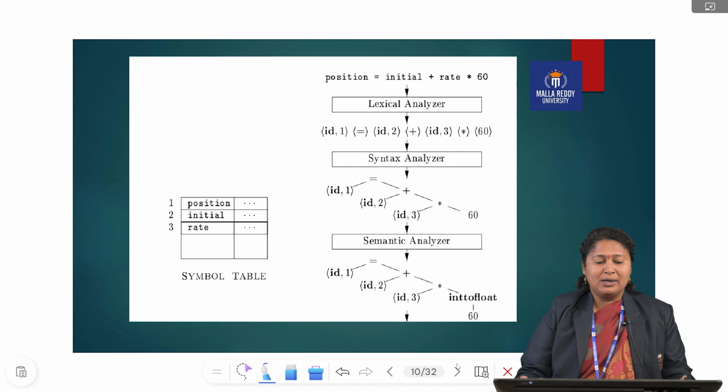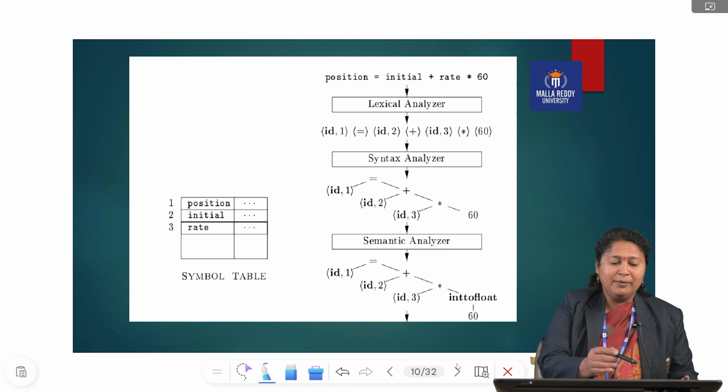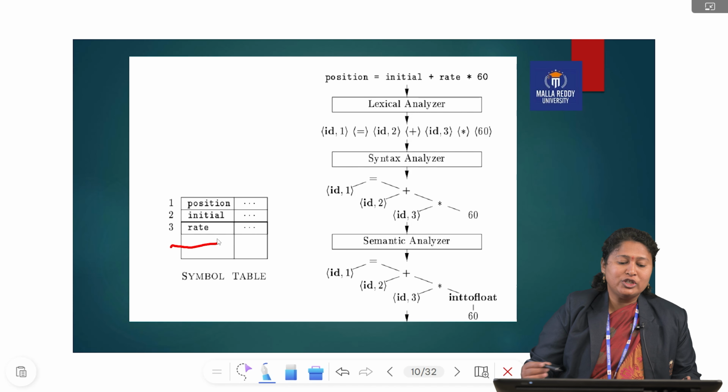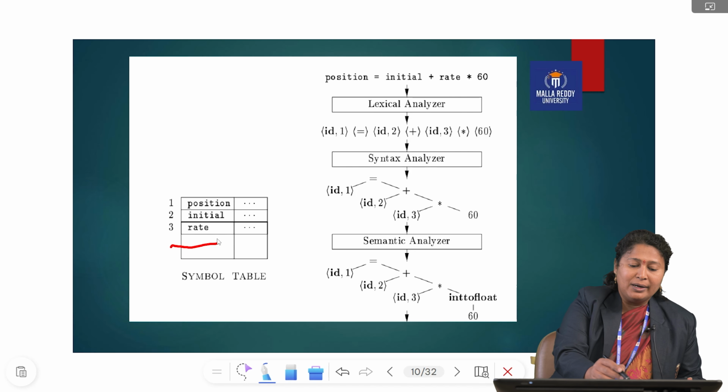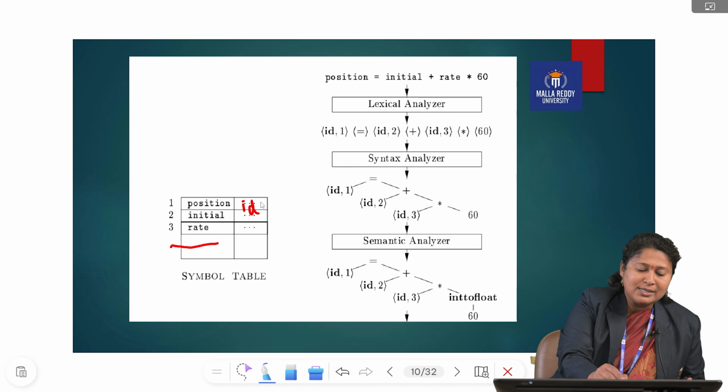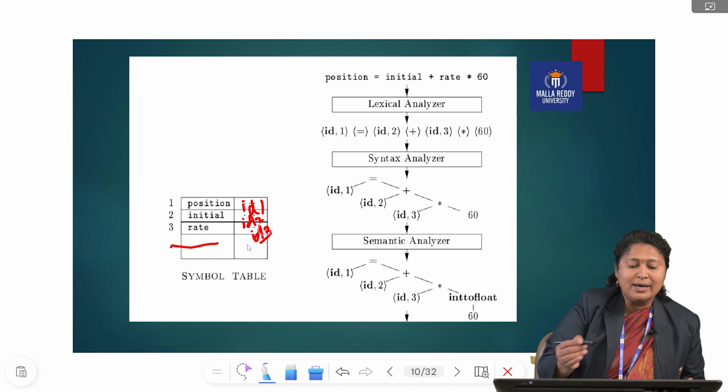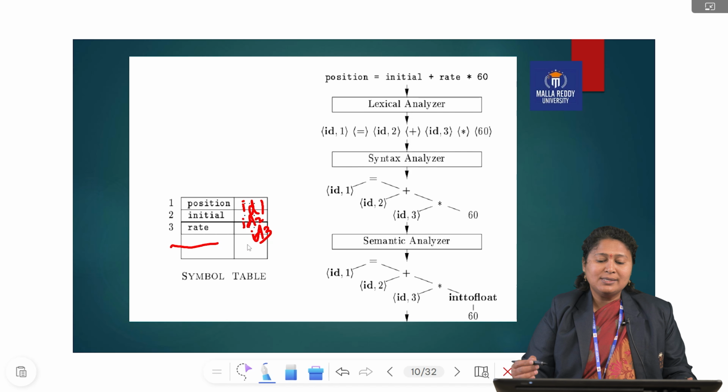This is the symbol table. We can see 1, 2, 3 here. Position, initial, rate are kept in the symbol table. Position is taken as ID1, initial as ID2, and rate as ID3. So let us see this. Here we have lexical analyzer, syntax analyzer, semantic analyzer.